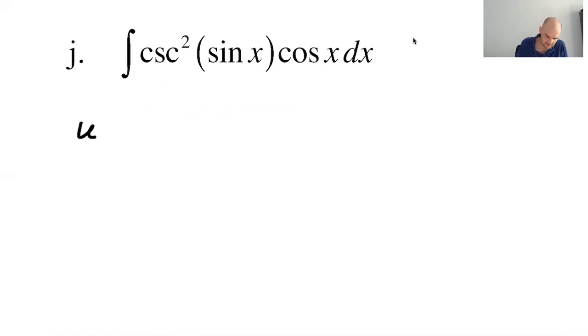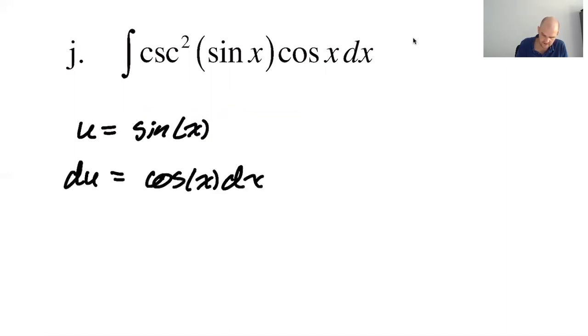So let's say u is sine of x, du is cosine of x dx. All good, right? We got cosine, cosine, we got dx, dx, and then we have a u.